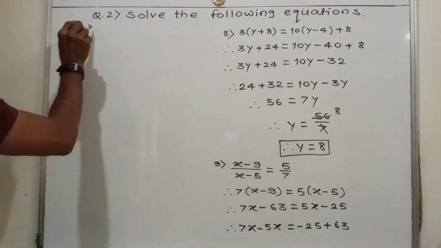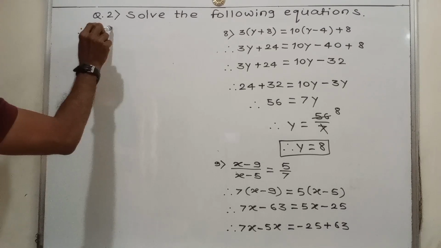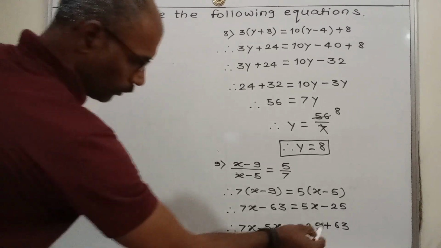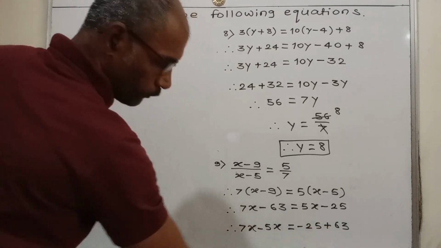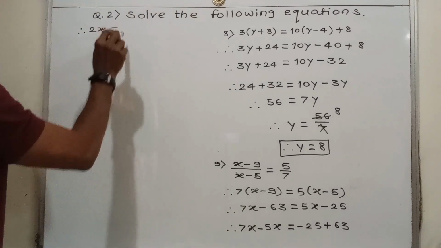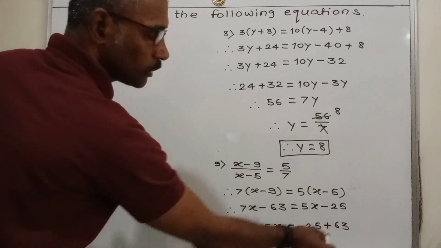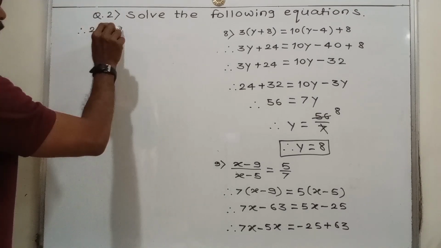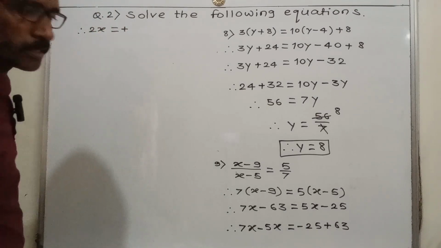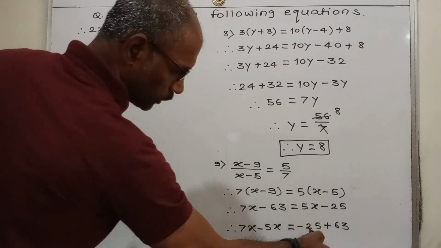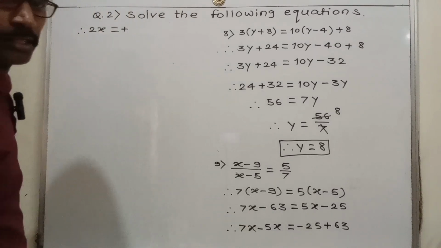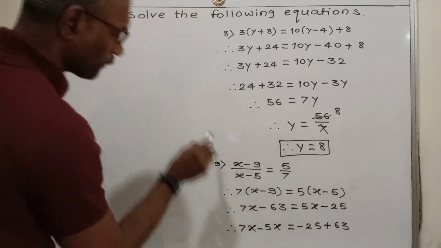Okay. Therefore, next step with 7x minus 5x means 2x is equal to 63 and 25. Which is bigger? Then 63 is positive, so plus. Both signs are opposite, then subtraction. Okay, subtraction.